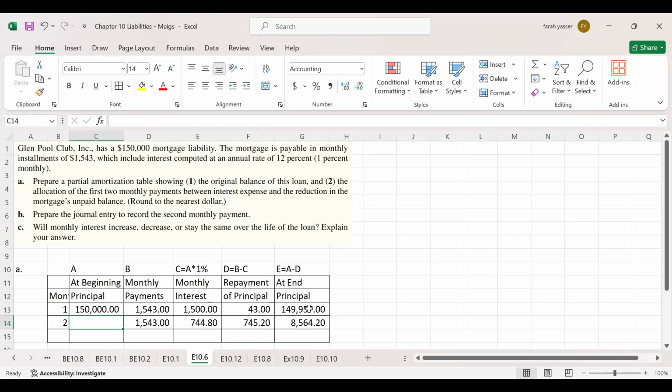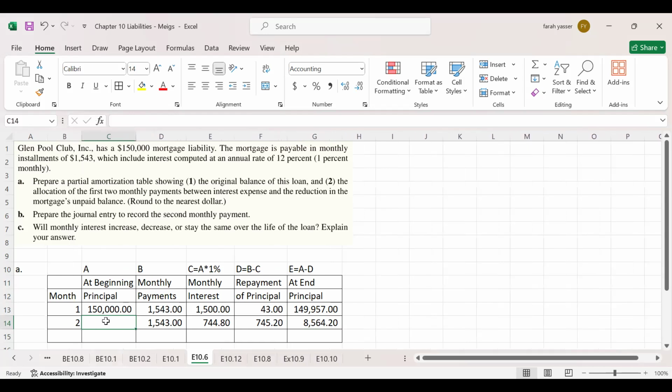The balance at the end of month 1 would be the opening balance, or you can say the balance at the start of month two. So this is 149,957.